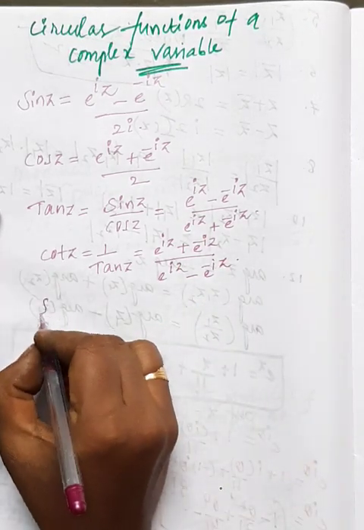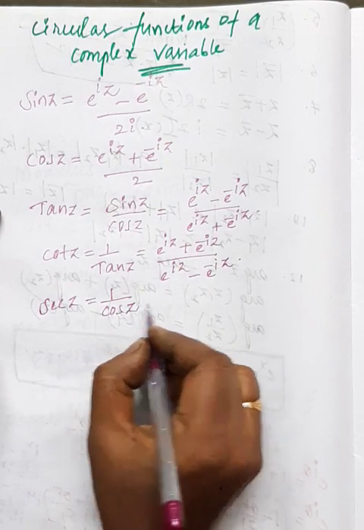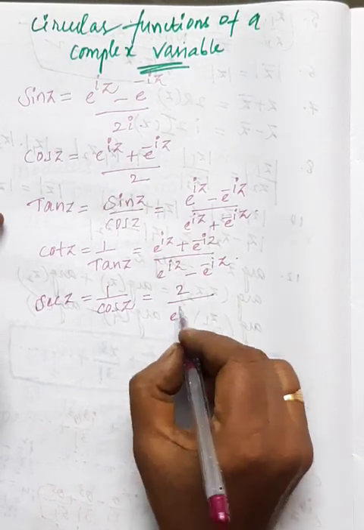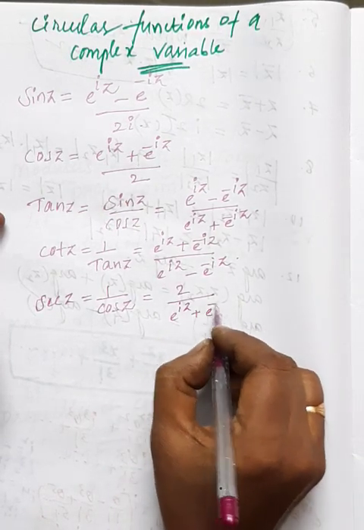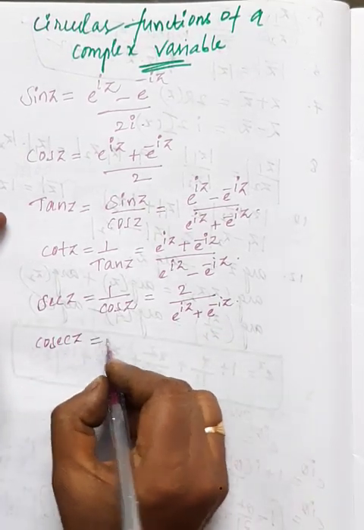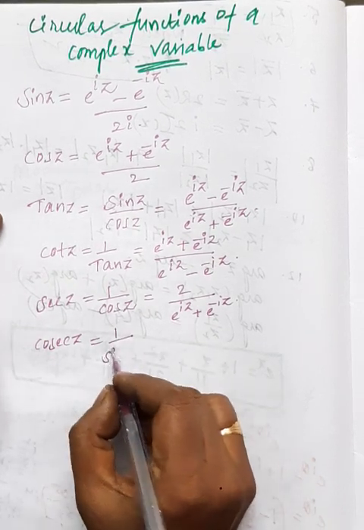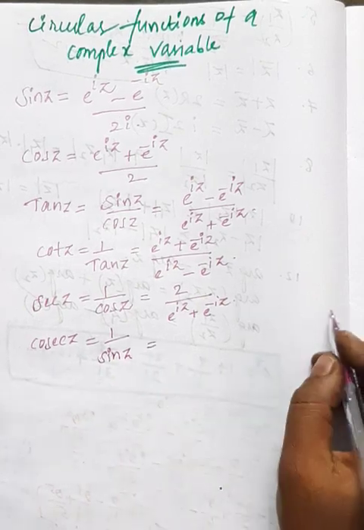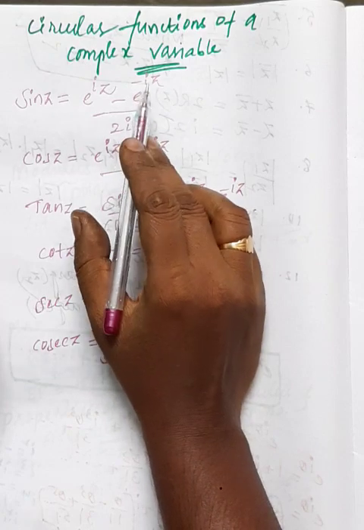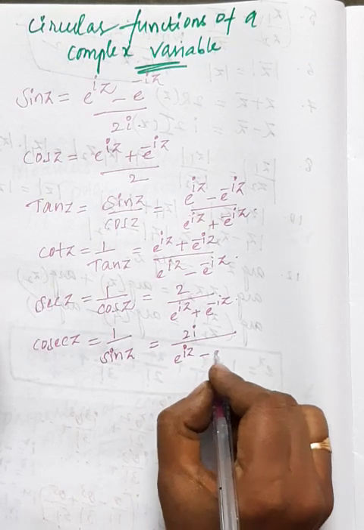Similarly sec z is equal to 1 by cos z, because reciprocal of cos is sec. Therefore it is 2 by e power iz plus e power minus iz. Next cosec z is the reciprocal of sine, so 1 by sin z is equal to 2i by e power iz minus e power minus iz.